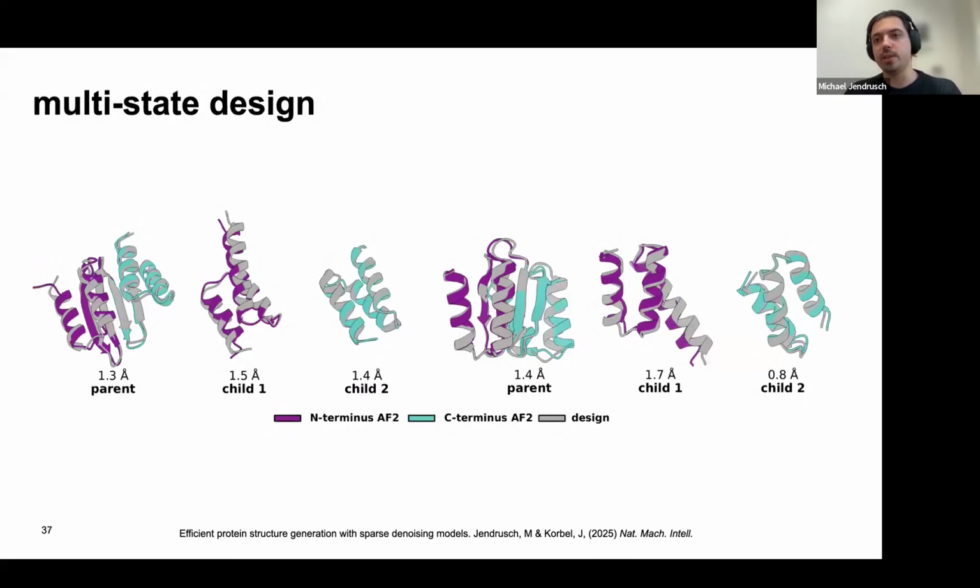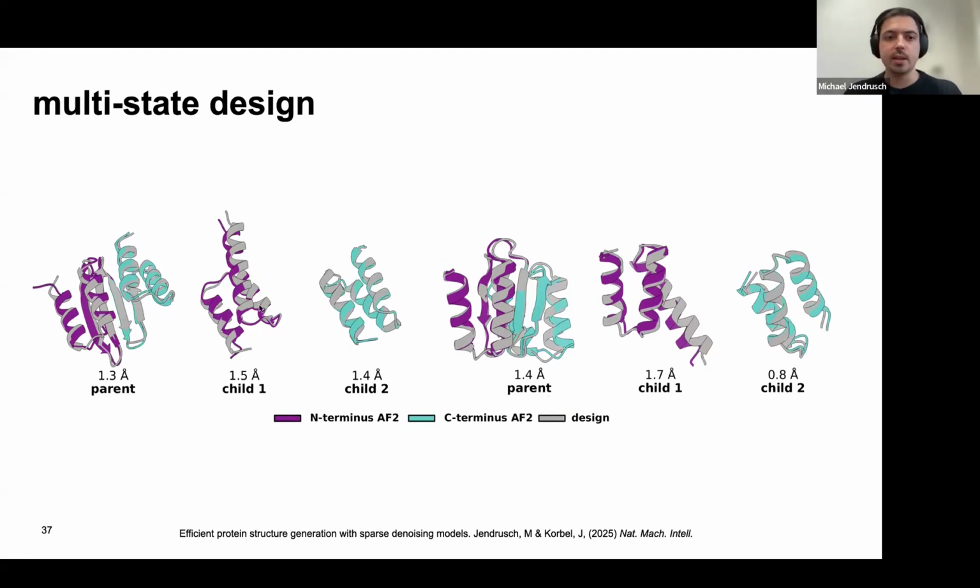One of the more interesting things we were able to do this way was multi-state design. So multi-state design with proteins is basically designing one sequence that folds in two different ways, depending on the conditions.